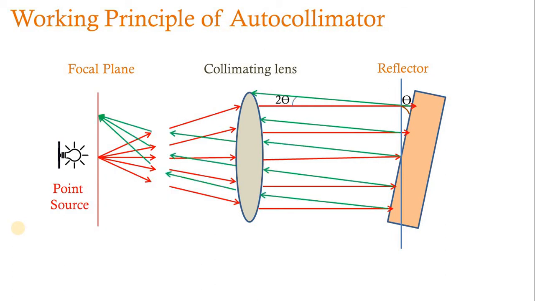We get a rectangle from the point source A to B, and based on the principle of reflection, the reflection angle is 2 theta.